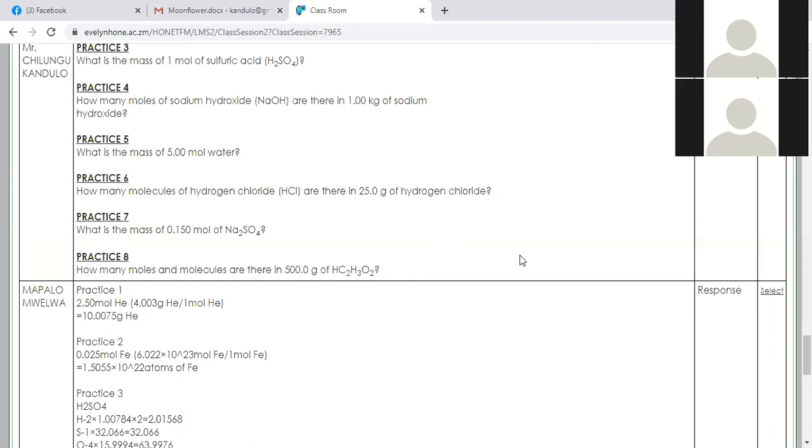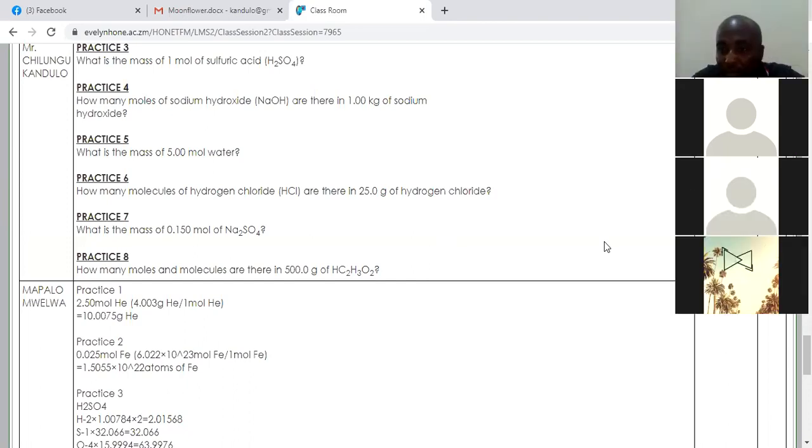I have a question as well. Yes. On the same question as you've demonstrated earlier, can we as well use the conversion factor in which we are going to cancel the mass of the hydrogen chloride? Yes. What you need to put down there is the molar mass.